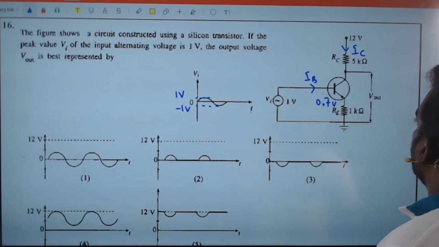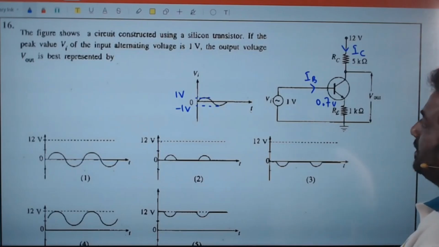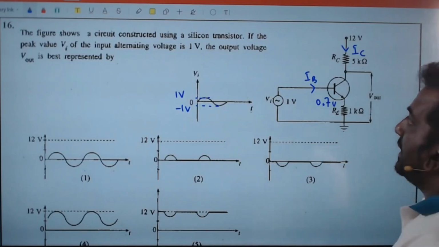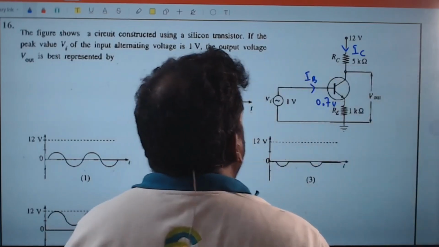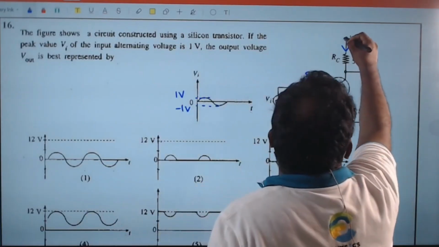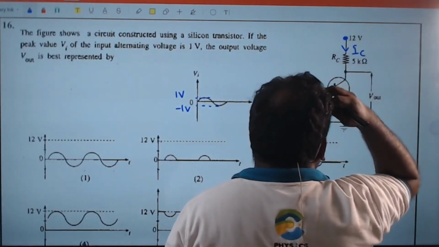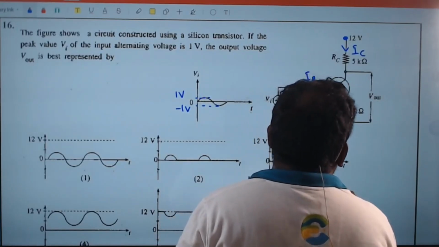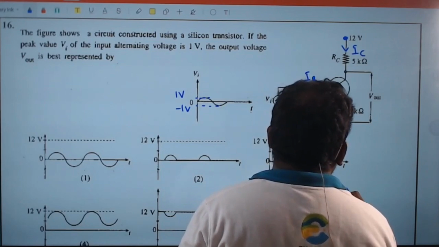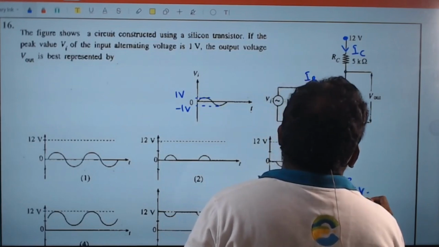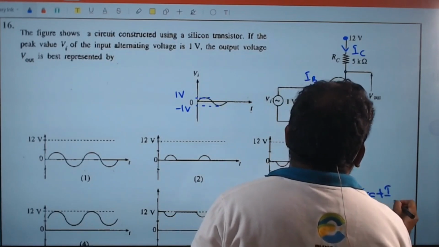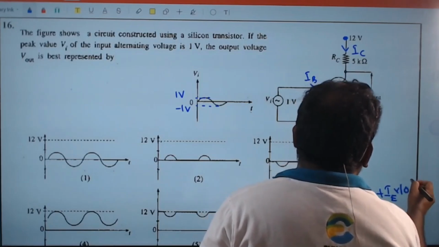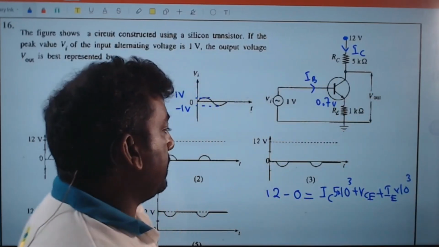Okay. Now, what will happen? Basically, here, 12 minus 0 equals IC RC plus VCE plus IE RE.